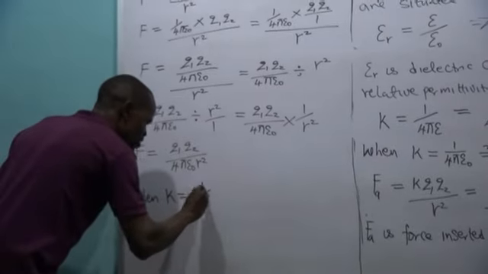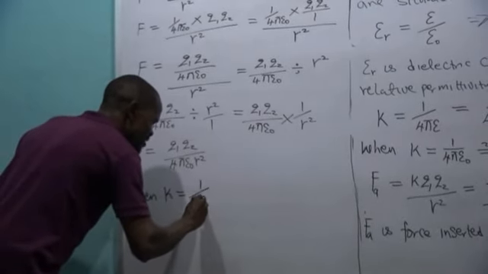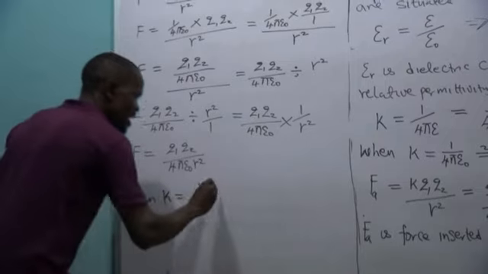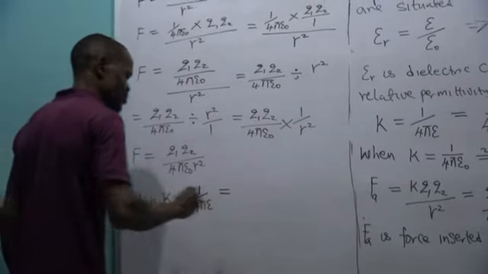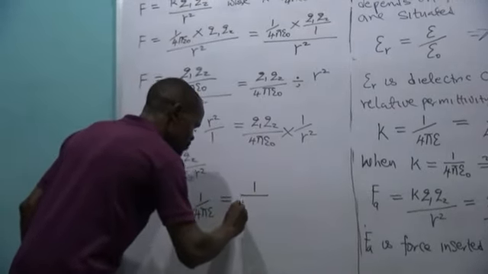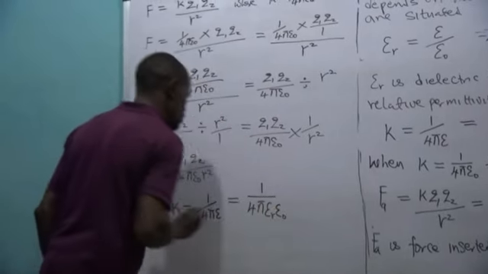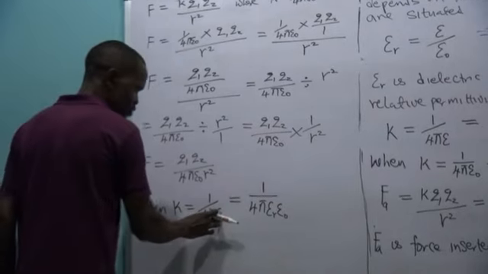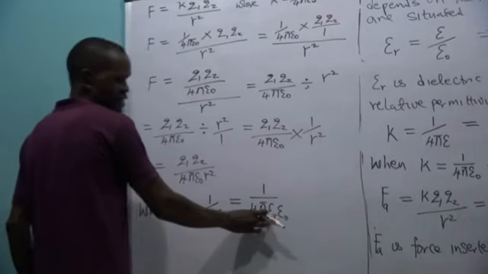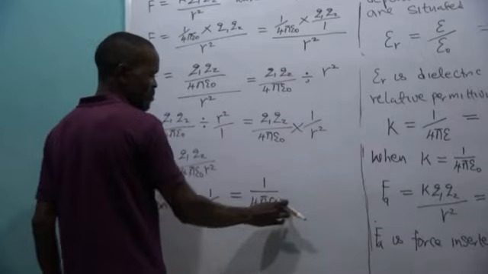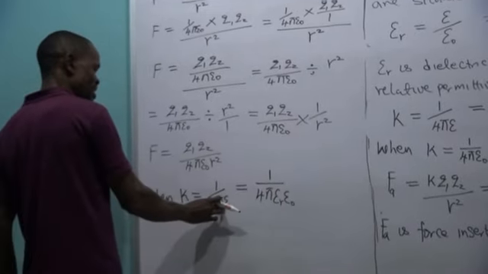is equal to 1 over 4 pi epsilon, that is 1 over 4 pi epsilon r epsilon o. Remember, when this term was not given to me but the dielectric constant is given, I multiply it with epsilon o and I will have this term.